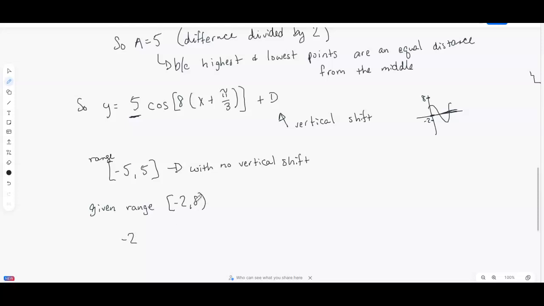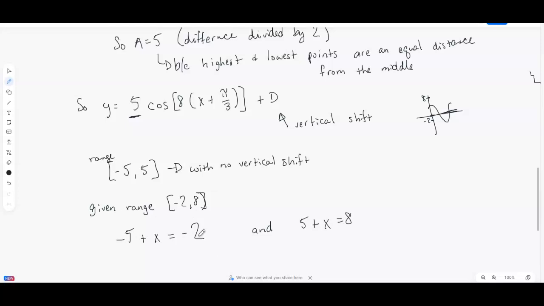So negative 5, our starting point, plus some value equals negative 2. And 5 plus some value equals 8, right?